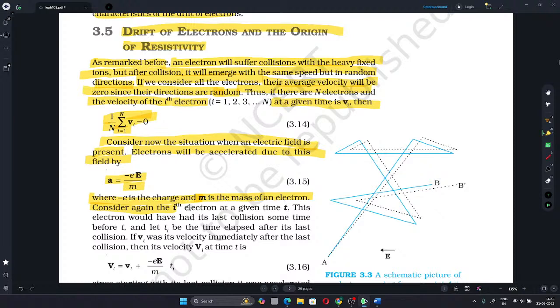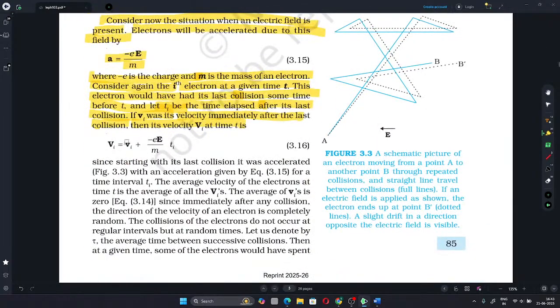Consider again the ith electron at a given time t. This electron would have had its last collision sometime before t, and let Ti be the time elapsed after the last collision. If Vi was its velocity immediately after the last collision, then its velocity Vi at the time t equals this one, since starting with its last collision, it was accelerated with an acceleration given by this equation.